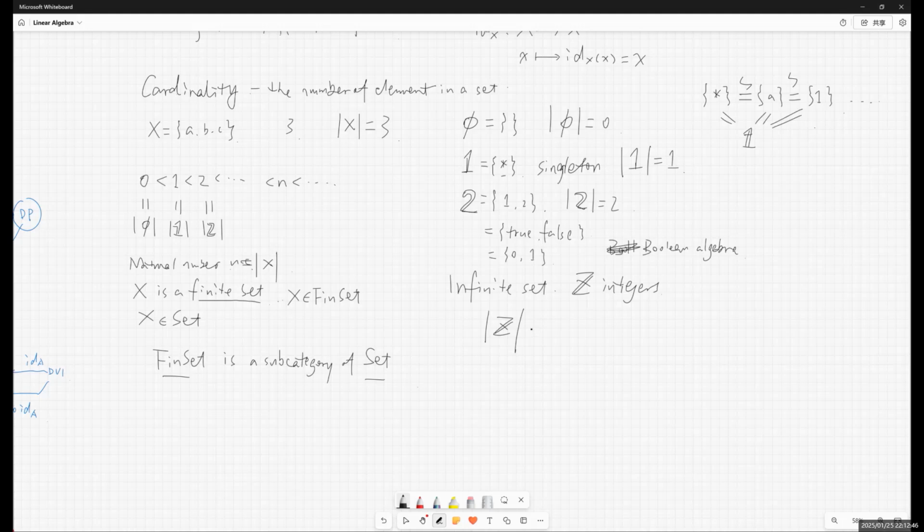The cardinality can be denoted using the Aleph 0.